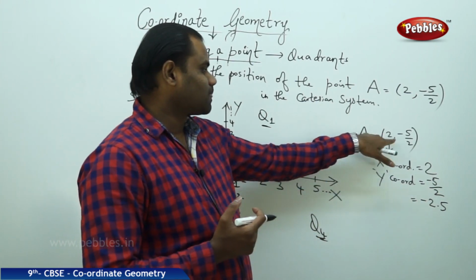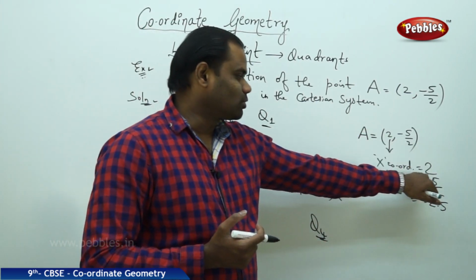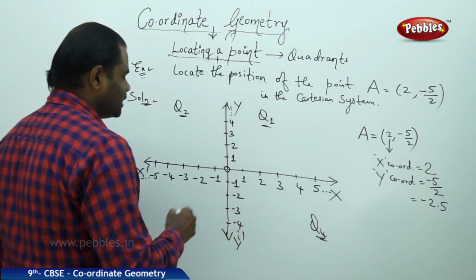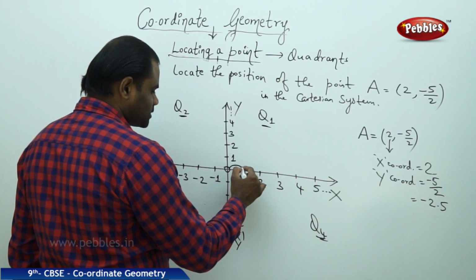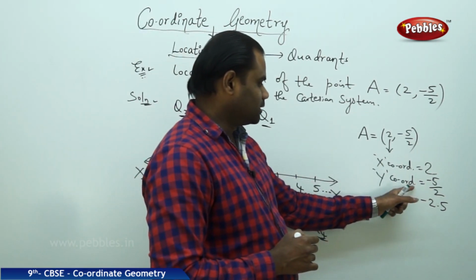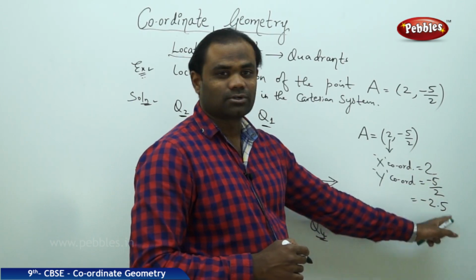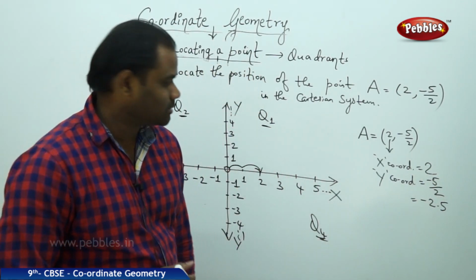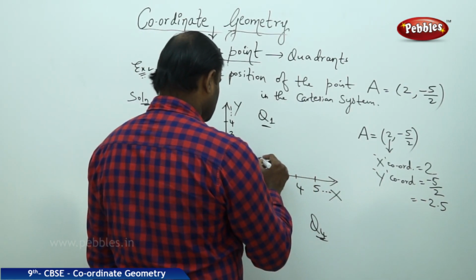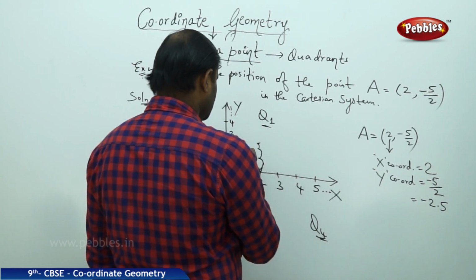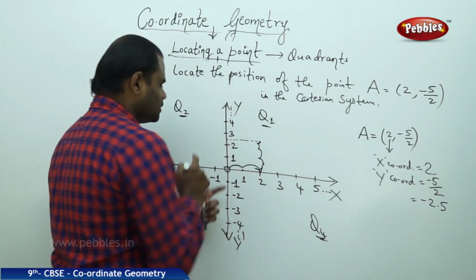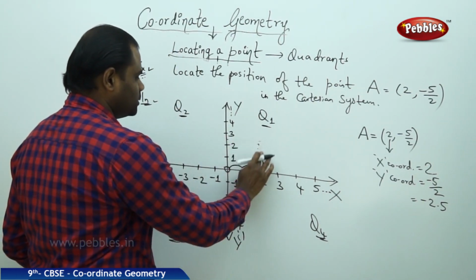So as I see here, the x coordinate is positive, and this is 2 units, which makes me understand that the origin moves 2 units to the right initially, and then it moves along the y coordinate with a distance of negative 2.5 units. So here I have this point which moves 1, 2, 2.5. Oh, this would be downward.